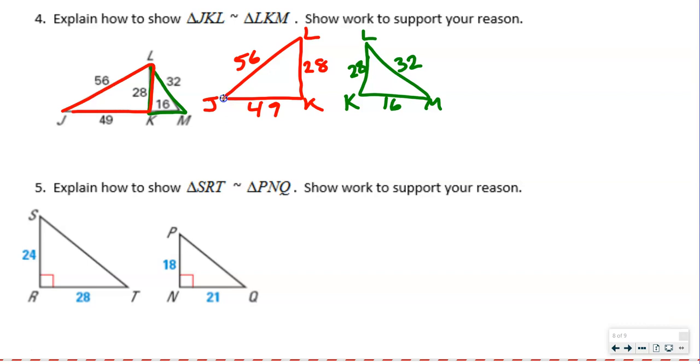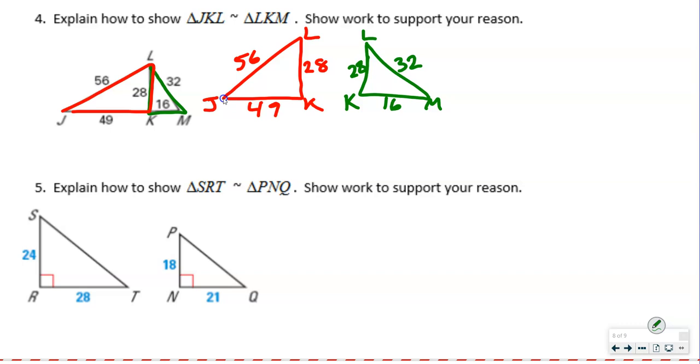But if we look carefully at the picture, we can probably tell that our green triangle in our original picture is in a different position than our red triangle. If we look at the red triangle, 28 is our shortest side, but in our green triangle, 28 is our middle length side.